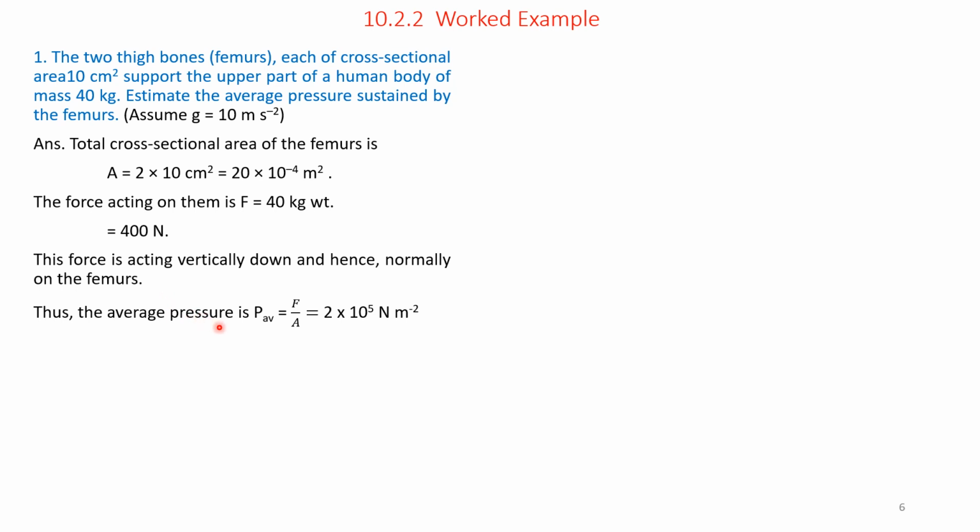Thus, the average pressure is given by force per unit area, that is, P average is equal to F by A. Here F is 400 and A is 20 times 10 to the power of minus 4. Substituting, we get average pressure as 2 times 10 to the power of 5 newtons per square meter. That is the answer. Now we will take up the next question.